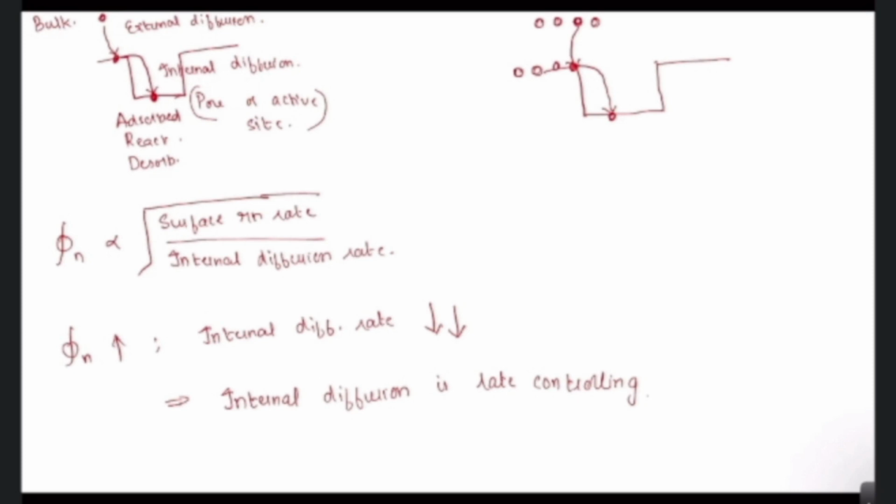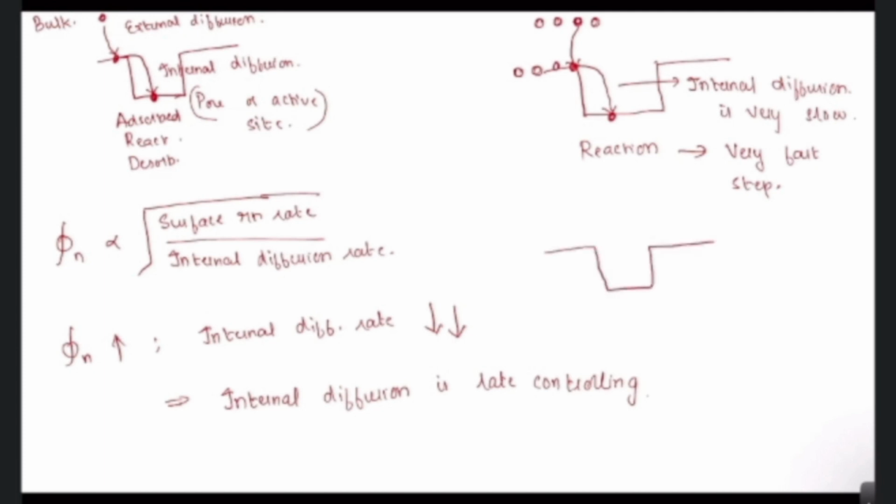And this step, this internal diffusion, is very slow. But after diffusing, when the reaction happens, that is a very, very fast step. So your particles are right now on the external surface, and one by one they are diffusing into the internal surface very slowly.